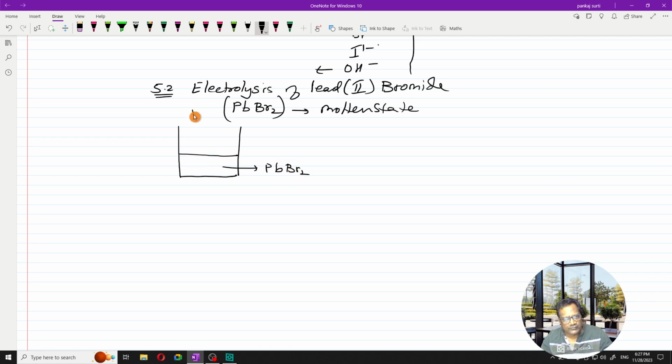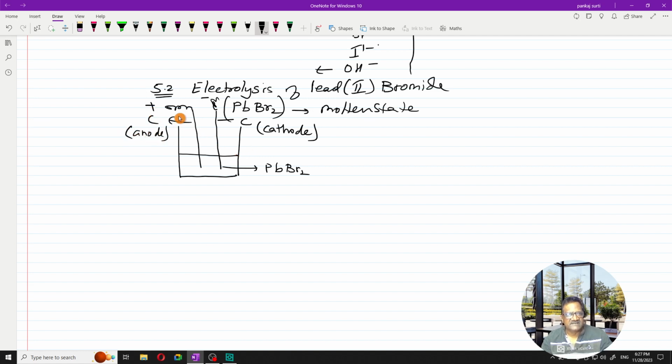Now you dip two electrodes. Suppose the two electrodes are carbon. This is also carbon, this is also carbon, but this is connected to positive and this is connected to negative. So this carbon is the cathode because it is connected to negative, and this carbon electrode is the anode because it is connected to positive.